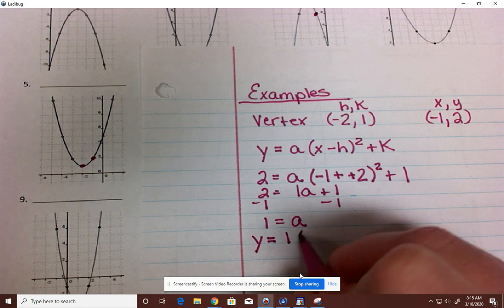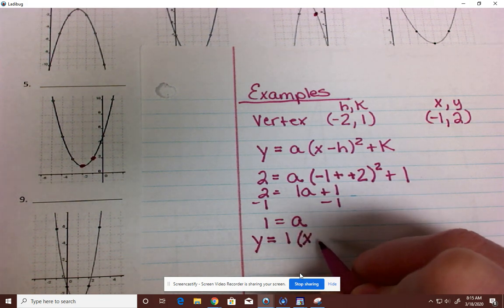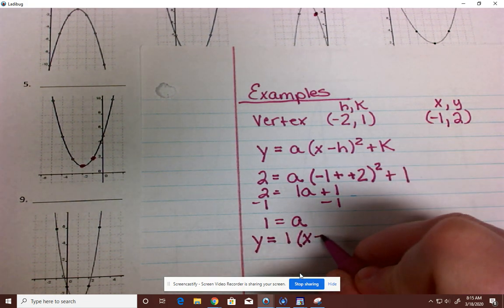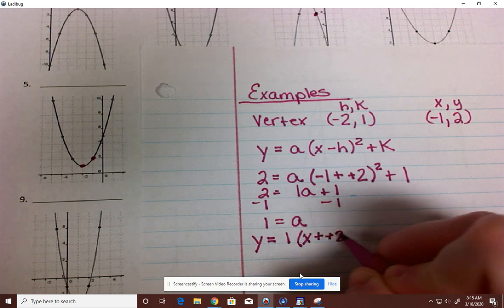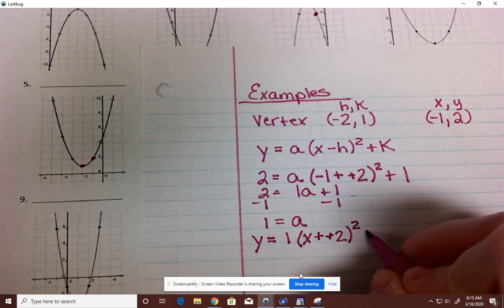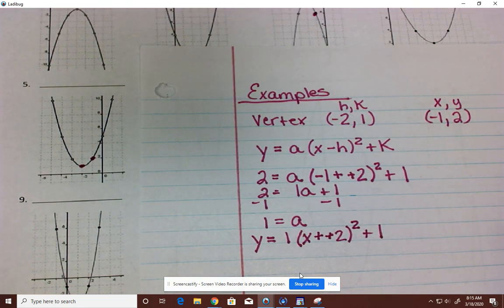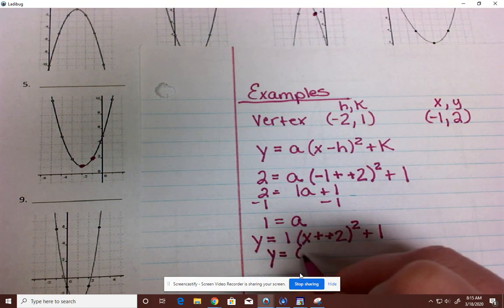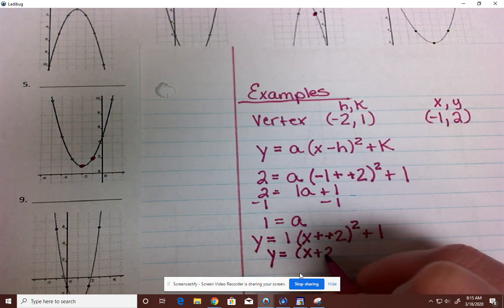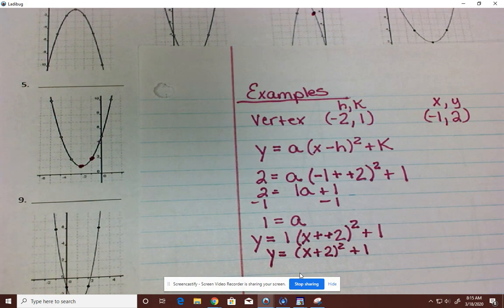We don't have to write that, but I'm going to show it there. And then X minus H, and H was -2, so that's plus, squared, plus 1. So if I want to clean this up a little bit, it would be Y equals X plus 2 squared plus 1.